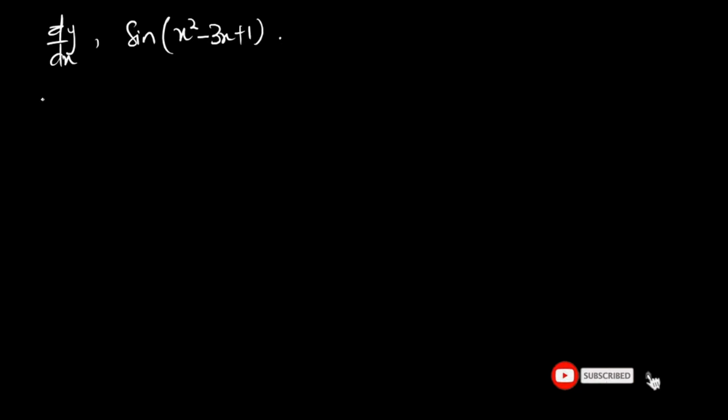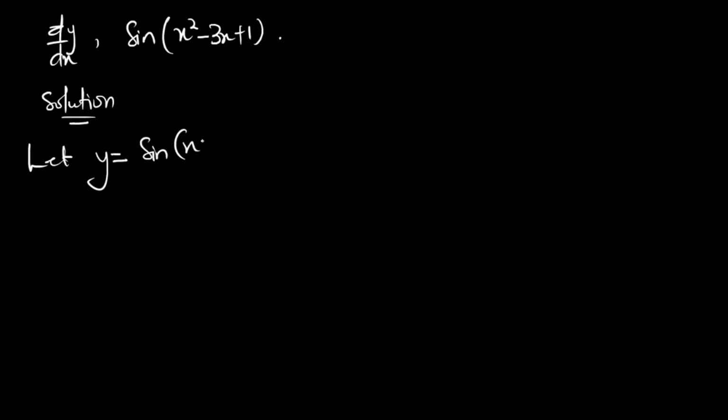Alright, so let's write down our solution. We can say let the function be equal to y. So we have y is equal to sine of x squared minus 3x plus 1. So you can see that the whole of x squared minus 3x plus 1, I can take to be my f of x.